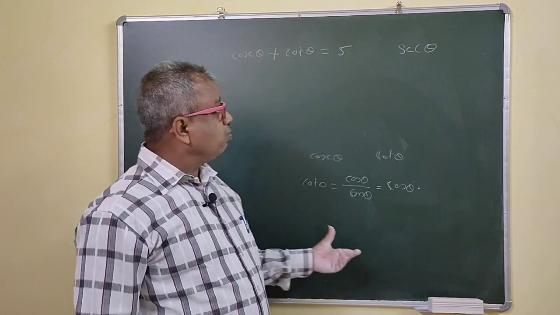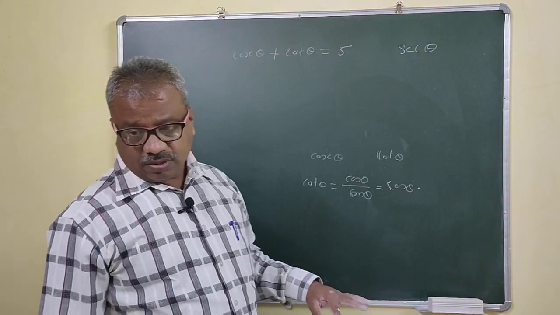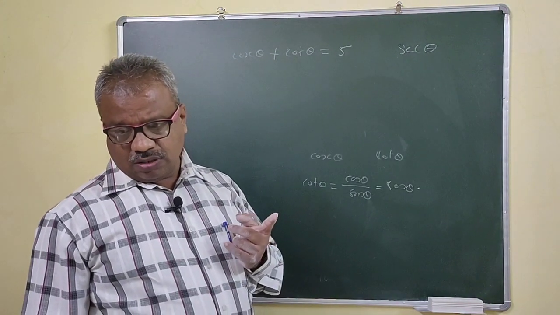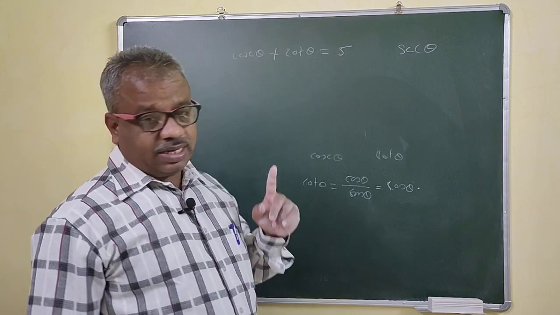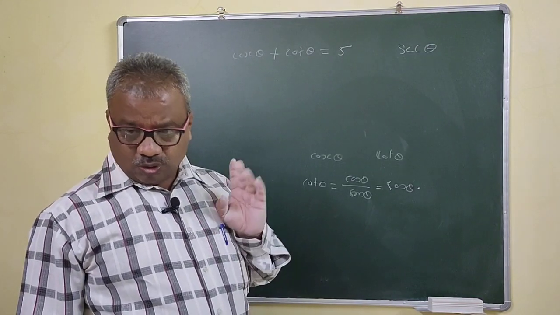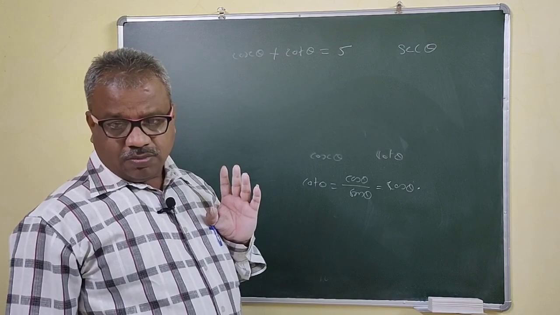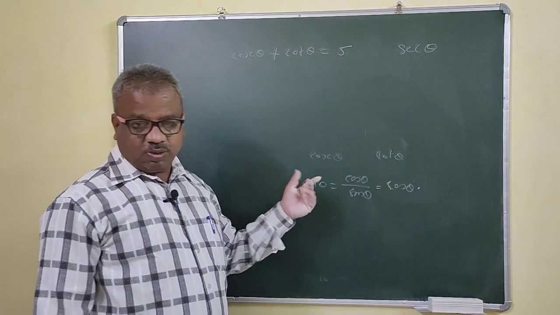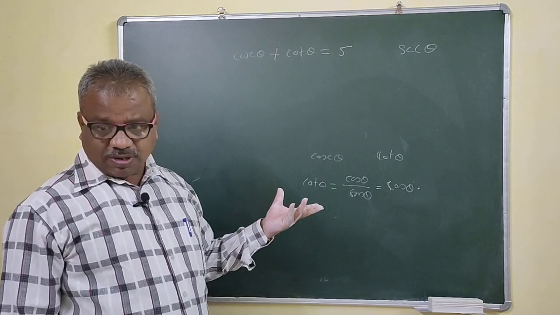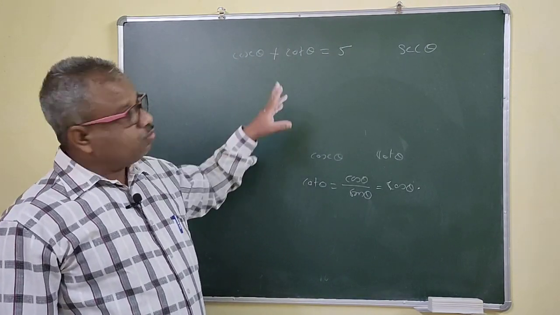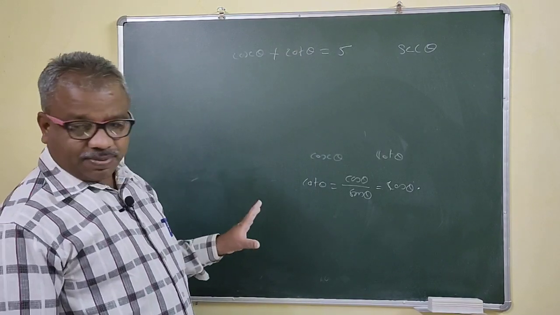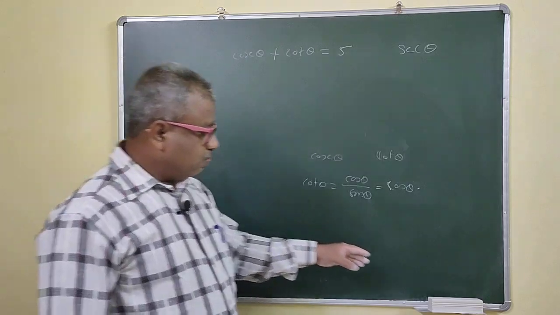You cannot apply the fundamental identity because the position of theta is not given. Then sec square theta or cos square theta will come, and the root of that will be plus or minus. If you want to apply that identity, you need the position of theta. So without applying that fundamental identity, we have to do this.